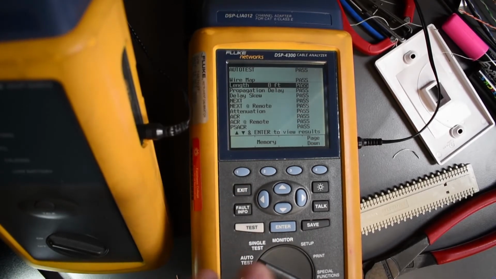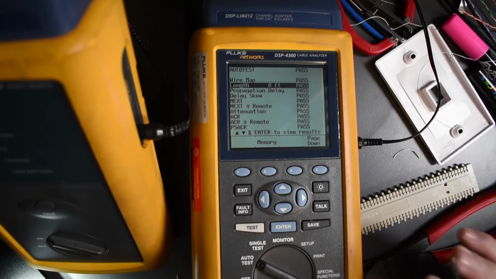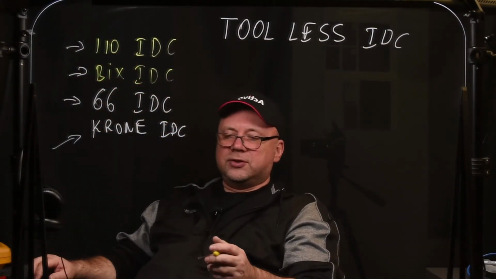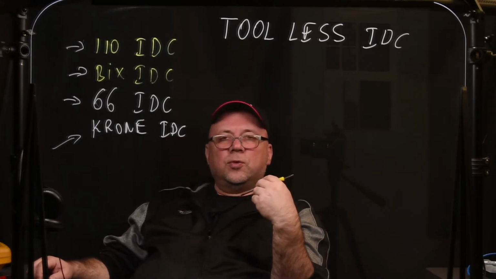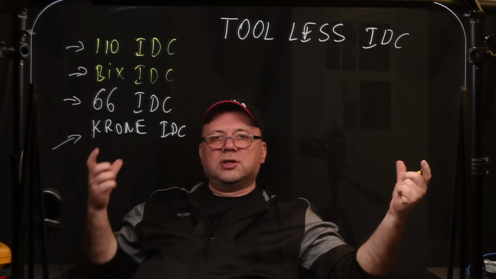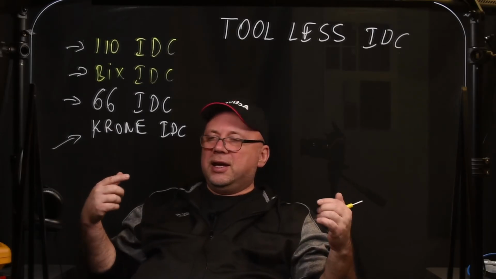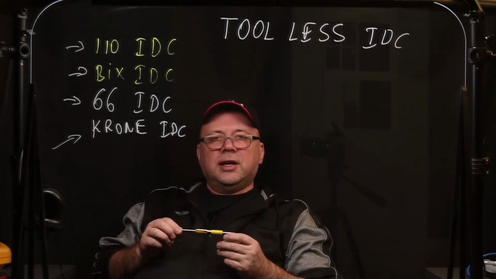You can view other specifications here, but we haven't studied them yet. Quite often the testers, and we're going to go over the testers. Some of the testers just test the wire map, which means the connections are connected to where they're supposed to be, and they're not going to do a length test.